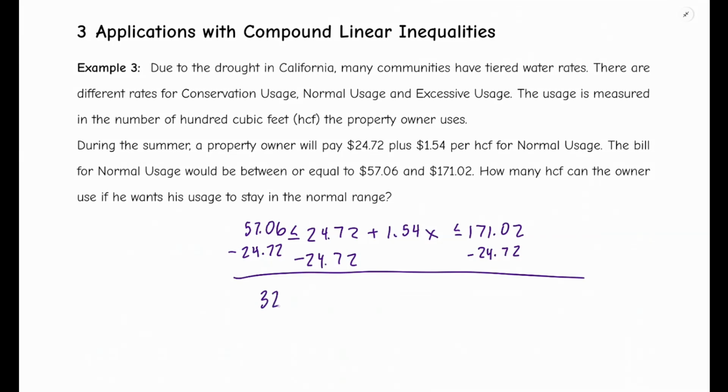32.34 is less than or equal to 1.54x, which is less than or equal to 146.30. And then divide by 1.54 on all three sides.